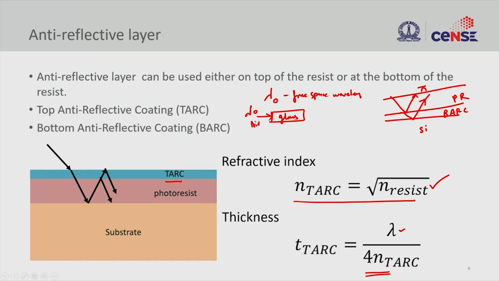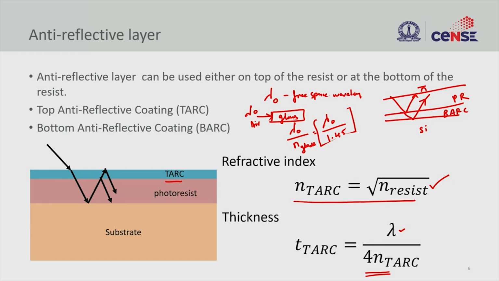And now, if it goes through glass, the wavelength is not lambda naught, the wavelength inside glass is lambda naught over n glass, right, refractive index of glass. So, in this case it could be lambda naught by, let us say, 1.45, right, approximately. So, this is actually the wavelength of light, right, so the path that it is going to take. So, lambda over 4n, right, where n is the refractive index of your anti-reflective coating layer.